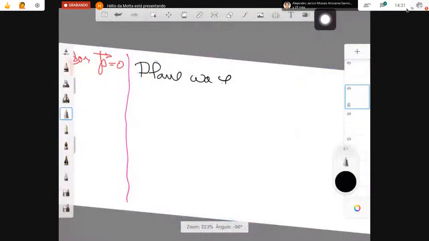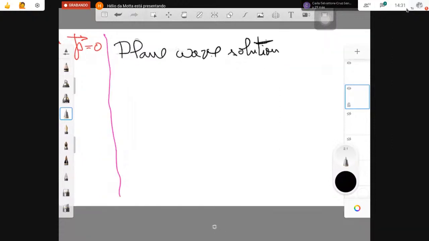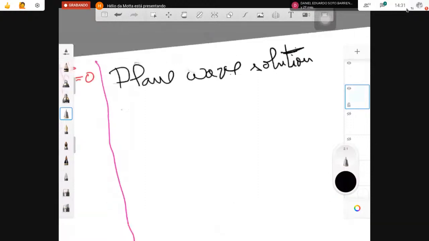Plane wave solution. Remember that the wave function is a wave. That's why a plane wave has a wave. The particle is moving, and we have a plane wave moving there. So let's write this way. I'm being a little bit more general now. R is the position, so it has X, Y, and Z. Okay. Eventually, we may go for something in particular.